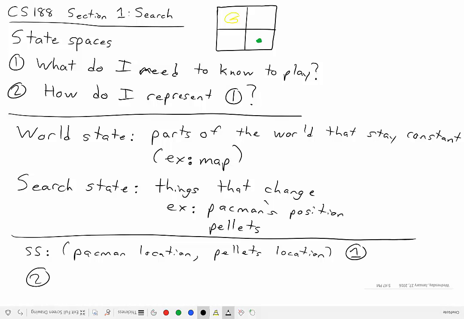Now for 2, how do we represent this? For Pac-Man location, we're on a grid, so a common way would be the XY coordinate. For pellet locations, we can also represent it as an XY coordinate. However, we also have some choice here.